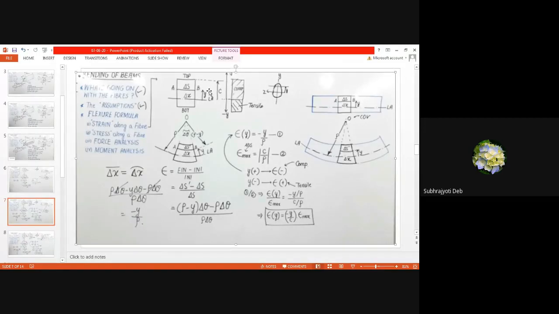So y positive means you are going in the upward direction. If y is the depth, then negative means you are going downward. When we have an x axis, above the x axis there is a positive value and below the x axis it is negative.